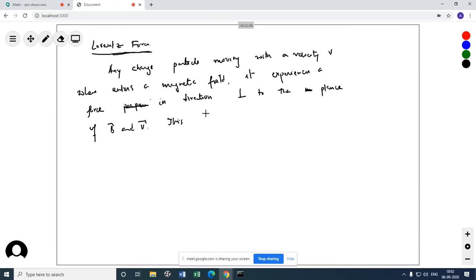This force is known as Lorentz magnetic force.